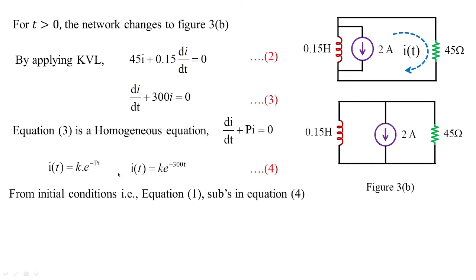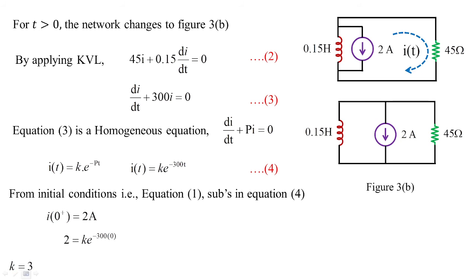This can be easily obtained with the help of equation 1. What is equation 1? I of 0 plus is equal to 2 amperes. So applying it, 2 amperes is equal to k times e to the power of minus 300 times 0, which gives the value of k equal to 2. What is this 2? This is the value of current.